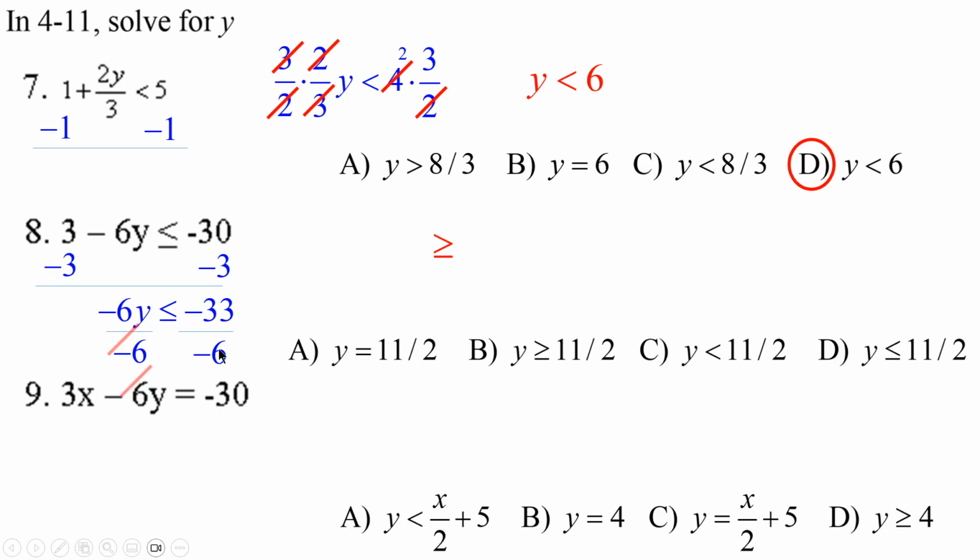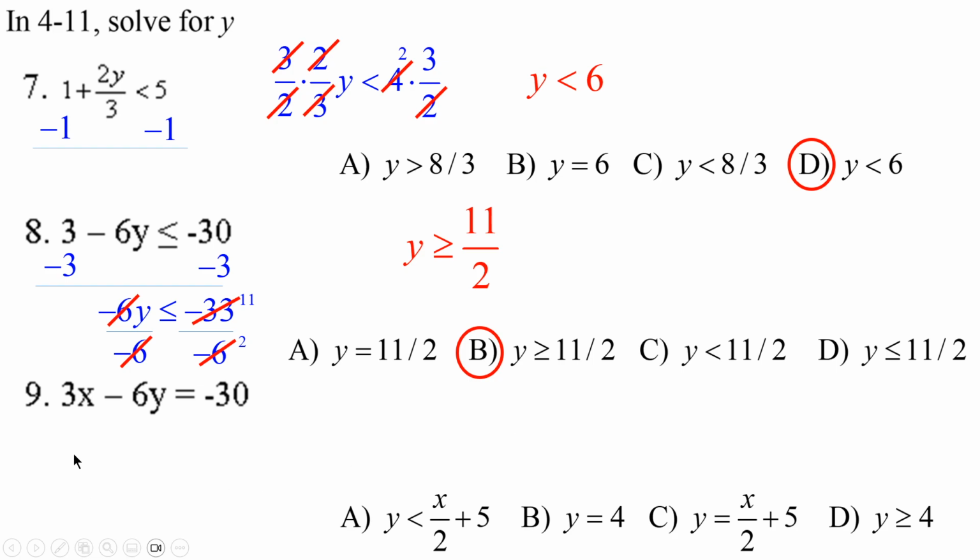And the negative 6 on the left cancel, leaving me the factor of y. And a negative over a negative is positive. And I want to simplify the fraction, 33 over 6. So let me see. 3 goes into 33 11 times. And 3 goes into 6 2 times. So that's going to be an 11 over 2. And the answer is B.